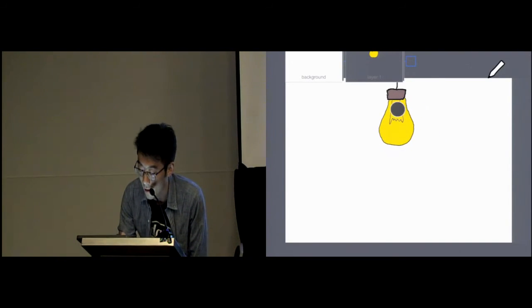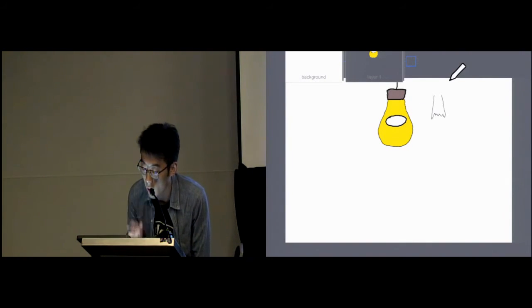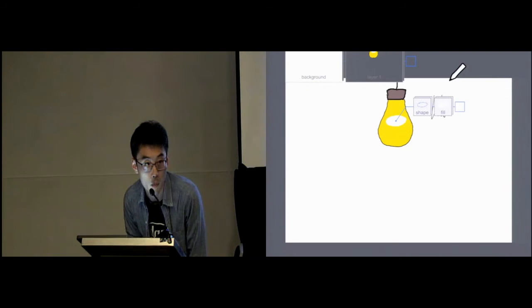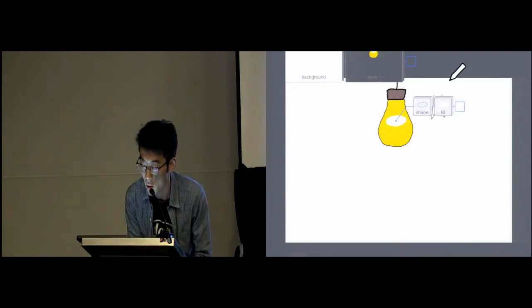So it's underneath there. So what I will do is I will just draw the white area here, and then put the filament back. So for this glowing area, I don't need a stroke, and I want to make it blurry to show the light is glowing. So how can I introduce a new attribute into this object?